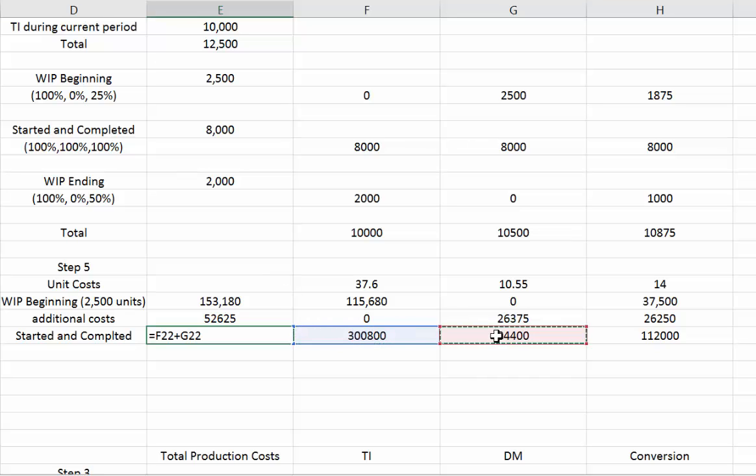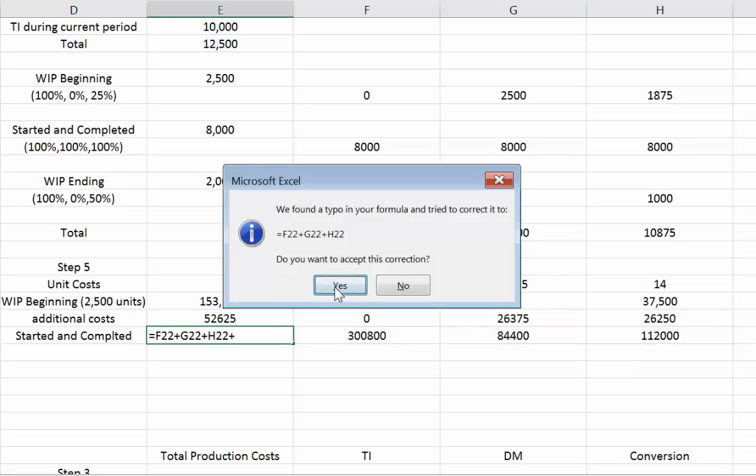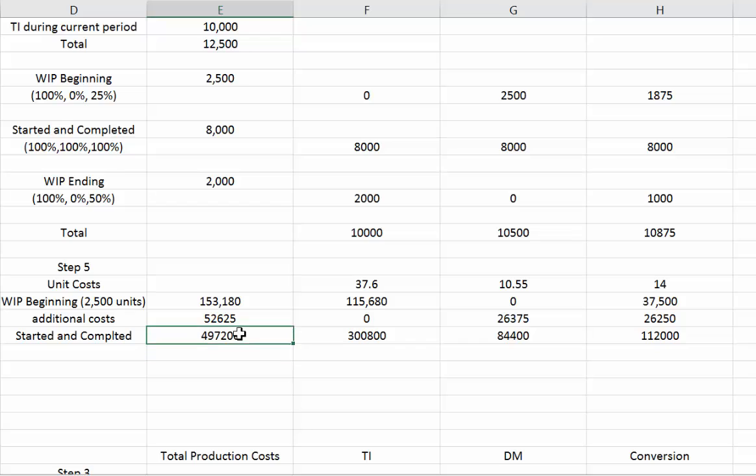So for the remaining 8,000 units that I have to start and complete, I have to invest this much.